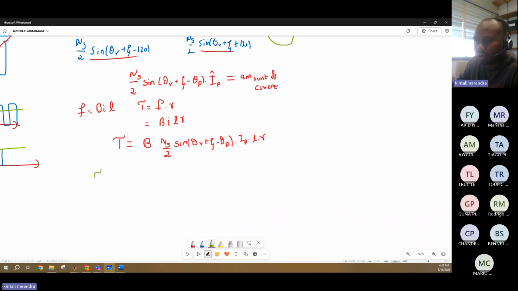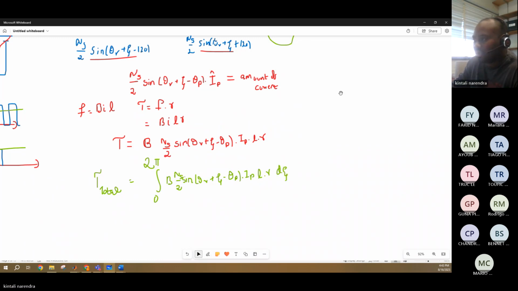Total torque developed by the motor is the integration from 0 to 2 pi of B into Ns by 2 sine of theta r plus zeta minus theta p, into I p into L into R into d zeta.